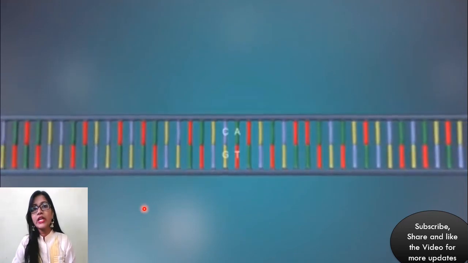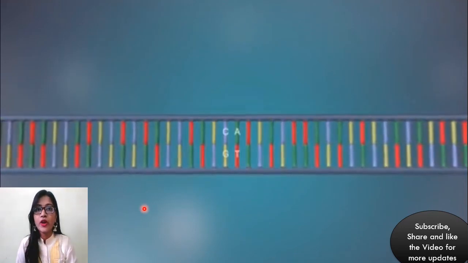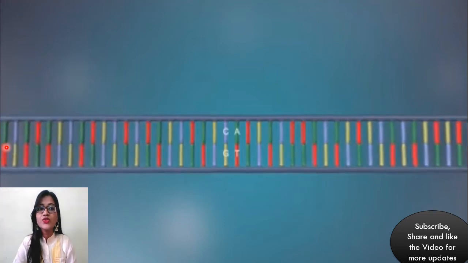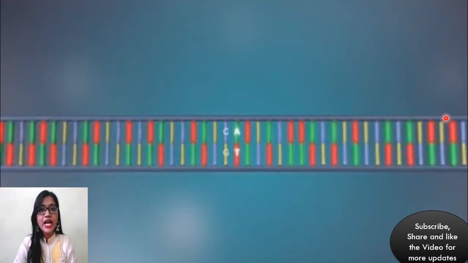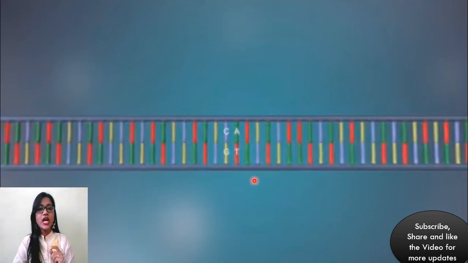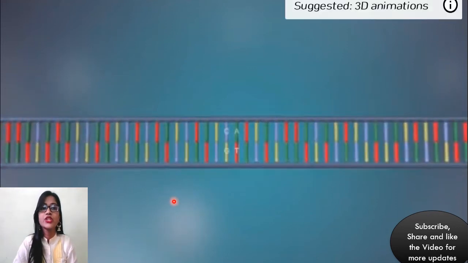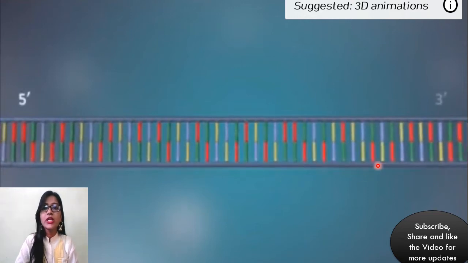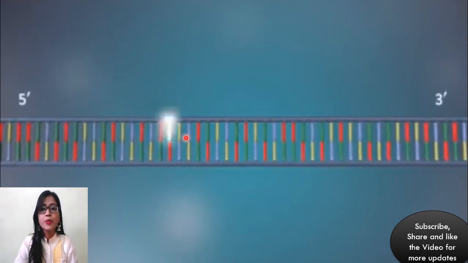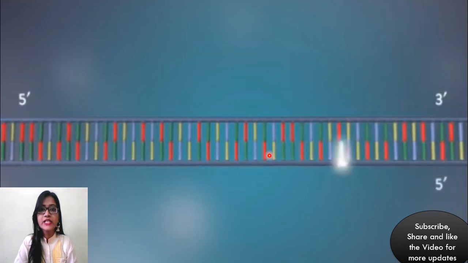Now we know that the DNA double helix is anti-parallel because one strand is 5' to 3' and another strand is 3' to 5'. That's why it is anti-parallel in nature. Now see, this double helical and anti-parallel structure is getting separated.